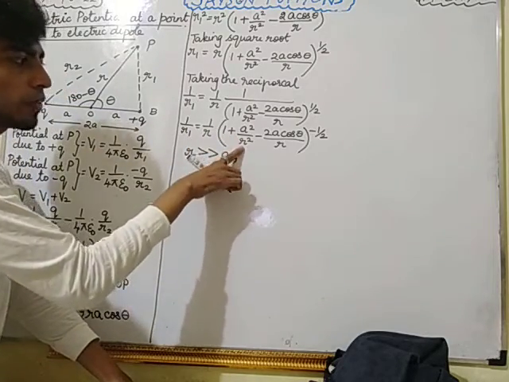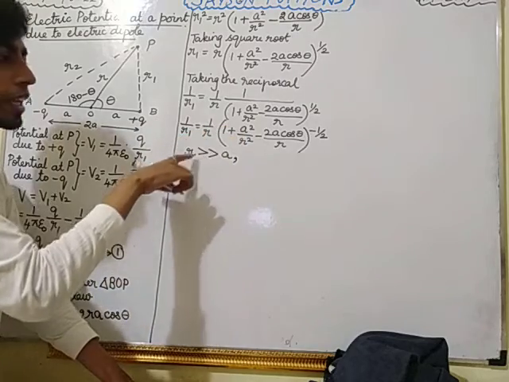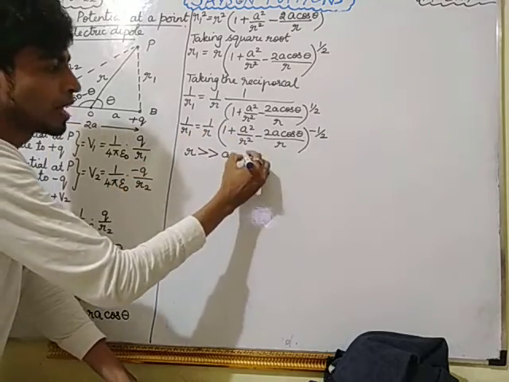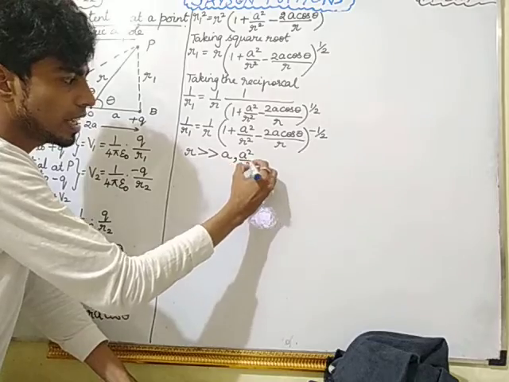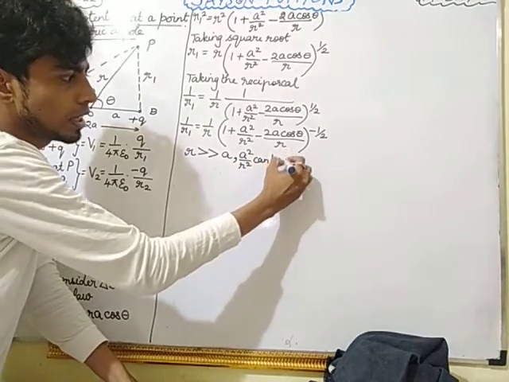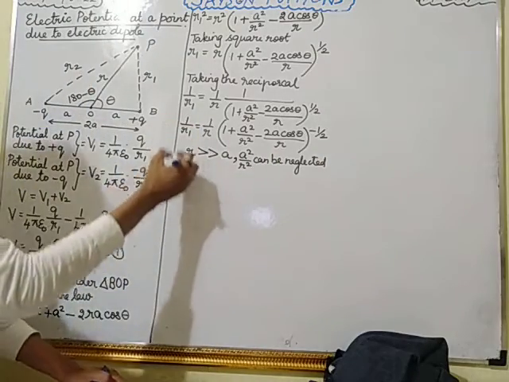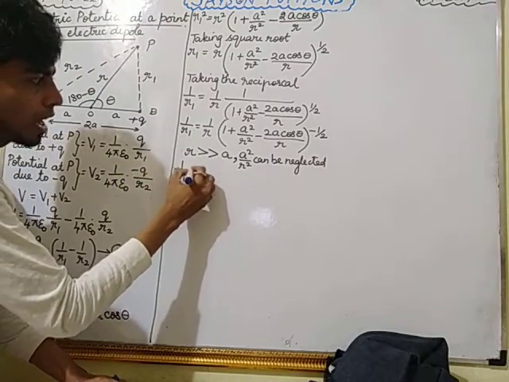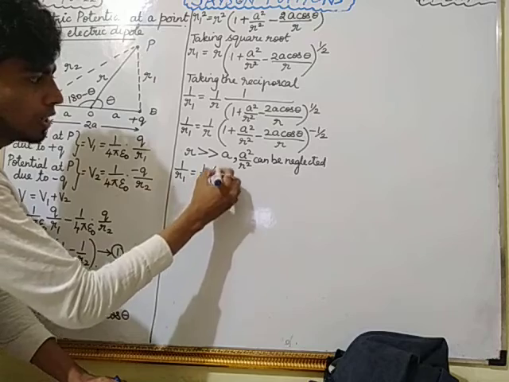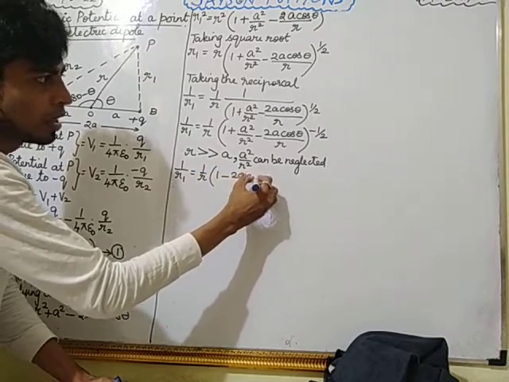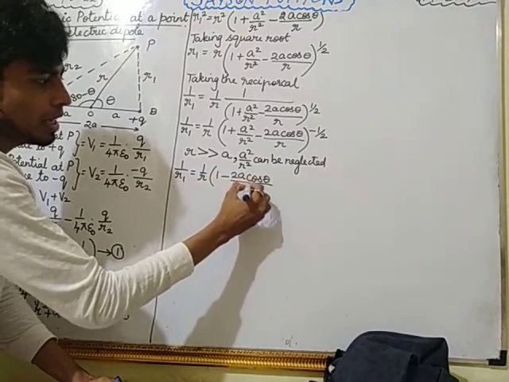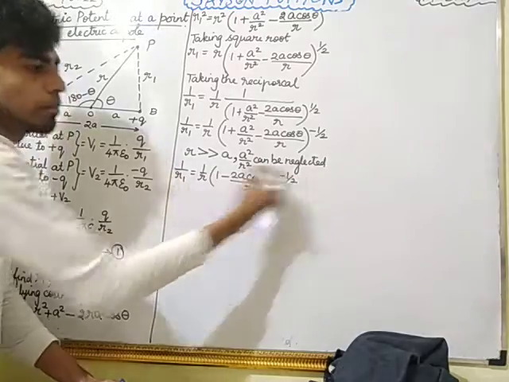So you can neglect this A square by R square term. If I neglect it, 1 by R1 is equal to 1 by R into 1 minus 2A cos theta by R, the whole power minus half.